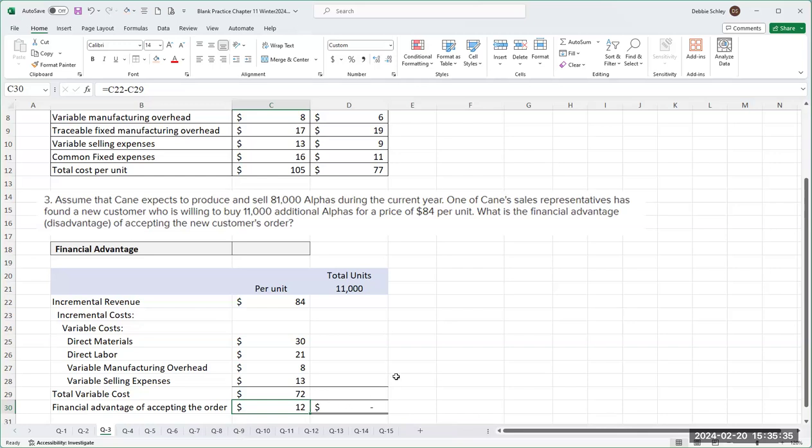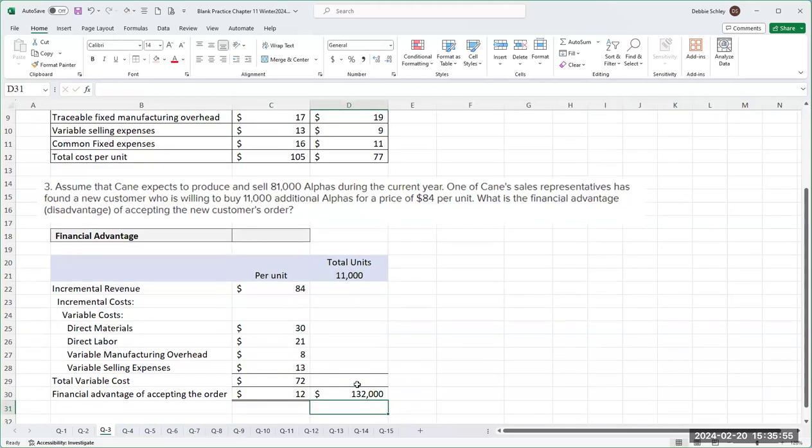So at this point, I can go two different ways. The simple way, right? This is my contribution margin per unit, and I could take equals 11,000 times contribution margin per unit gives me $132,000, which would be a financial advantage because we are still making money, not as much as we would have at the original selling price, but we're still making money.